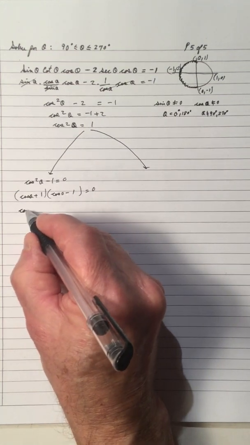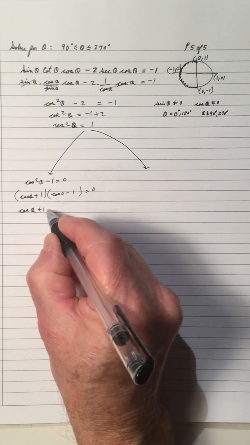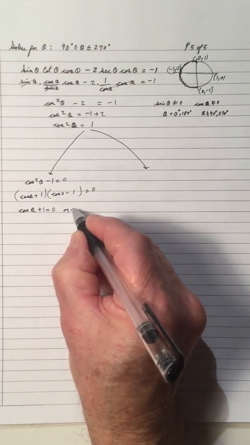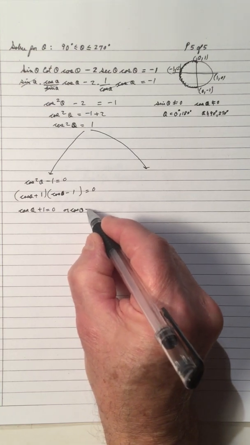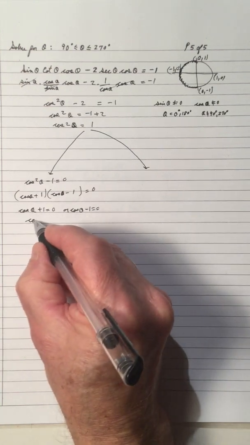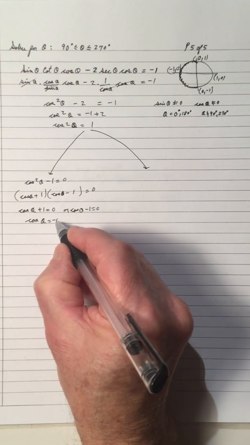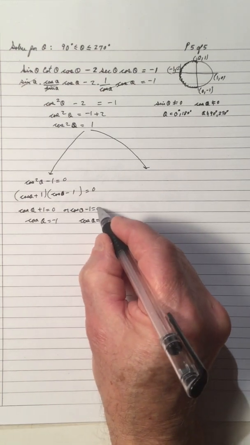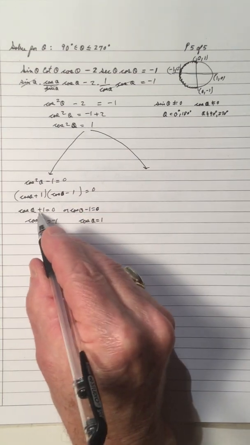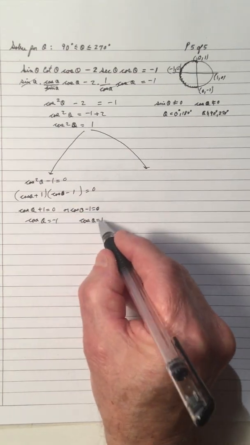So that means cos theta plus 1 equals 0, or cos theta minus 1 equals 0. So cos theta equals -1, cos theta equals 1. Move them over, plus makes a minus, and minus makes a plus.